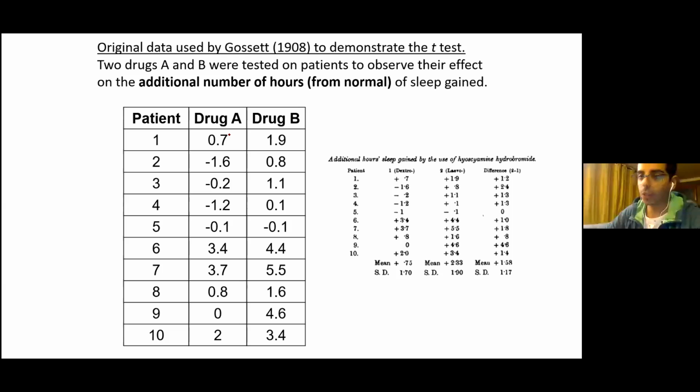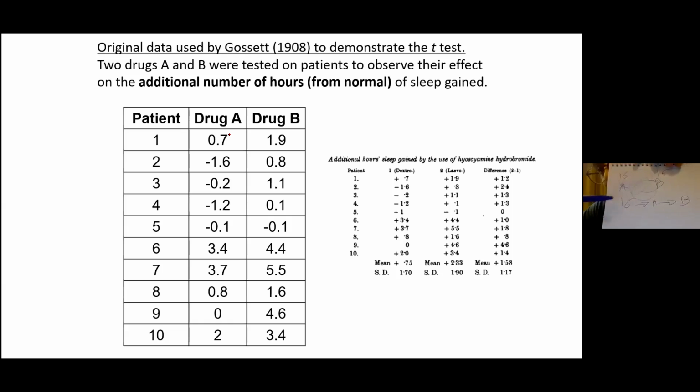But what you can do sometimes is you can have the same 16 people take drug A, then take drug B. Same 16 people, only here we have 32 people in the other example, the 16 and the 16.